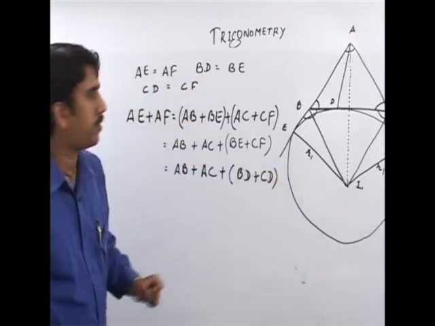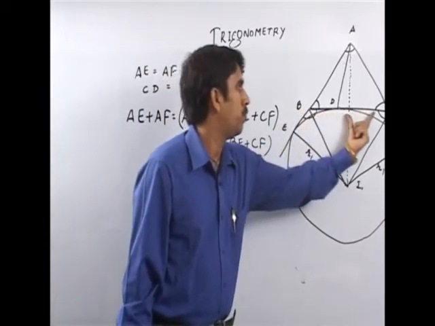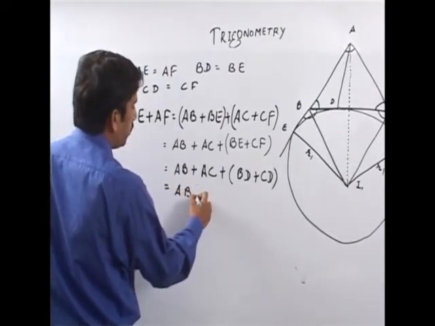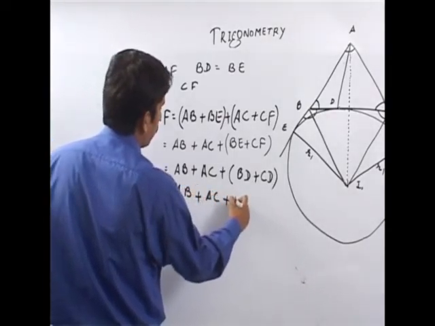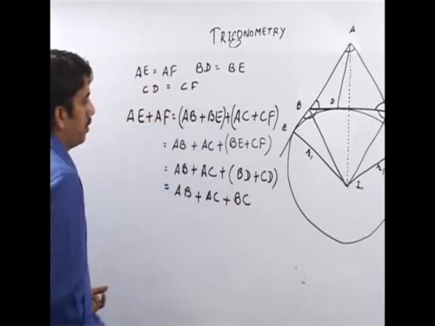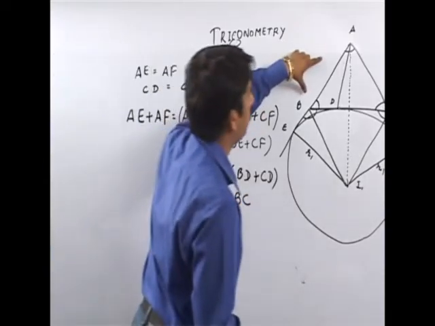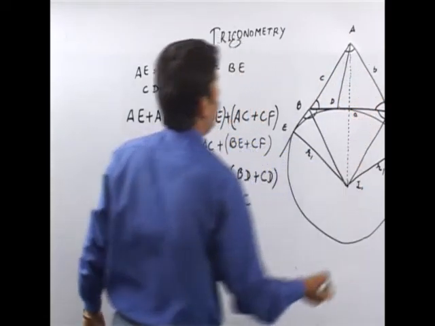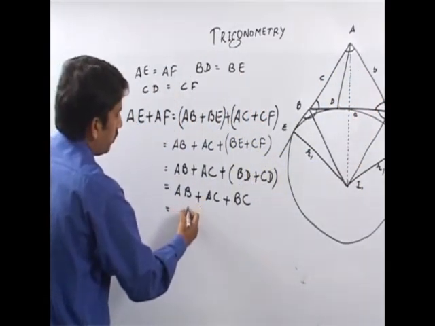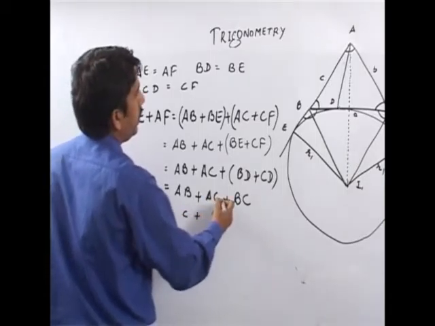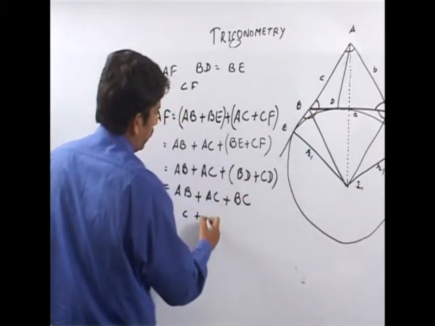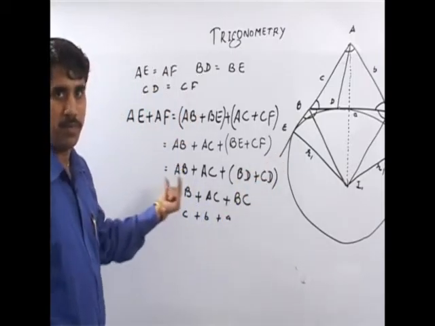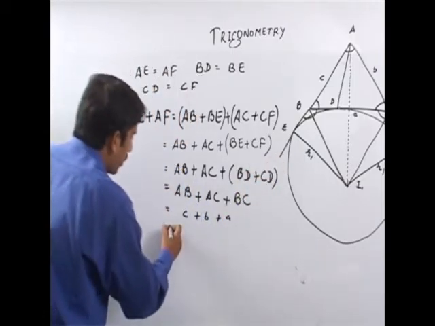Now what is BD plus CD? This will be equal to BC only. Now AB is what? This is side C, this is side B, and this is side A. So you will write AB is side C plus AC is B and BC is A. A plus B plus C, which is equal to twice the semi-perimeter.